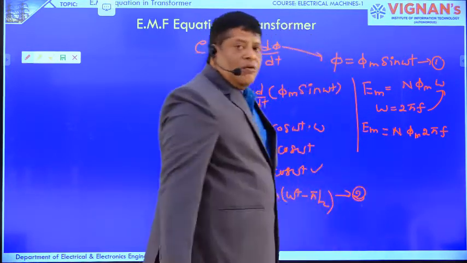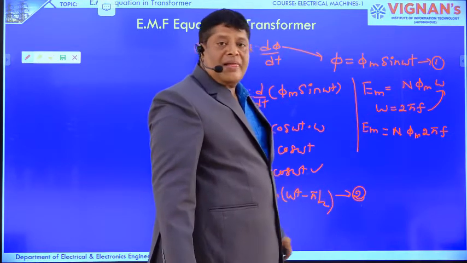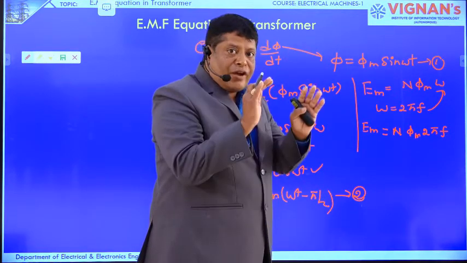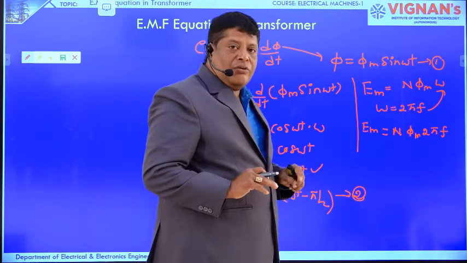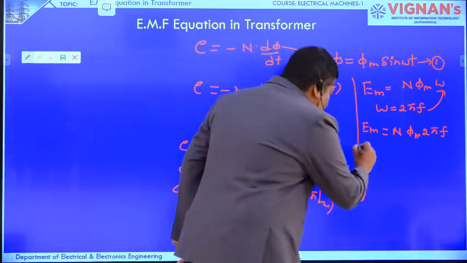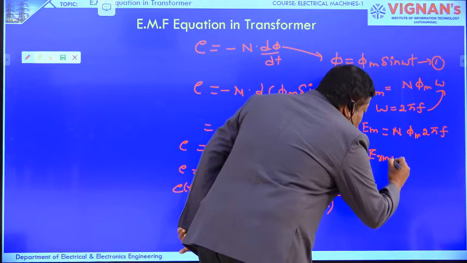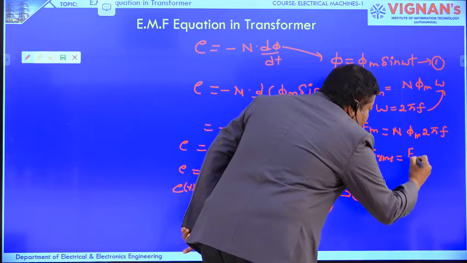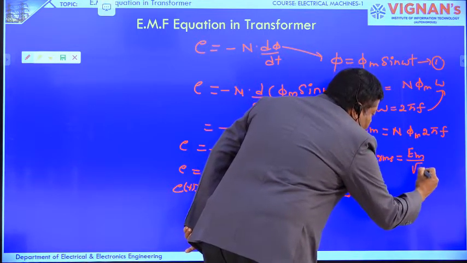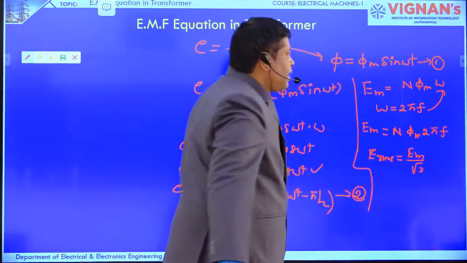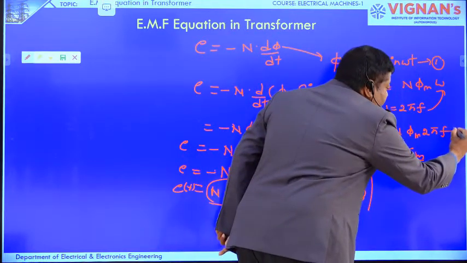This is the sinusoidal nature. For a sinusoidal waveform, if you know the maximum value, the RMS voltage E RMS equals E maximum divided by root 2. Take this as equation 3.